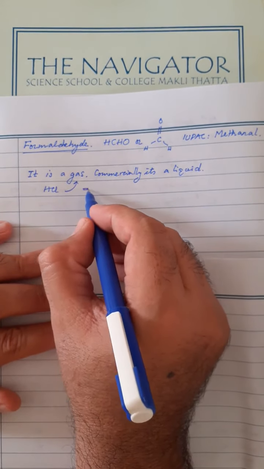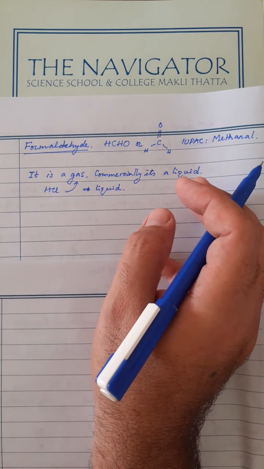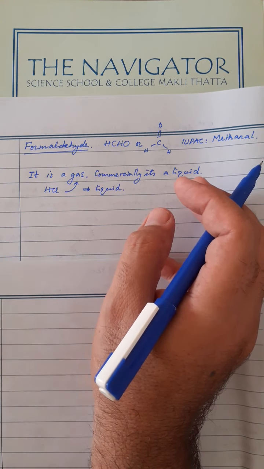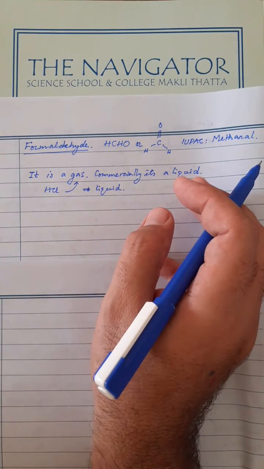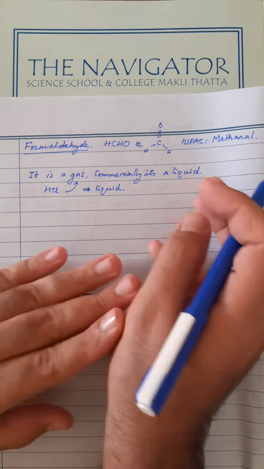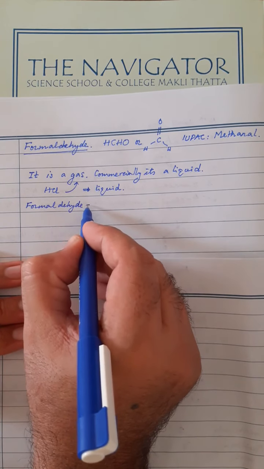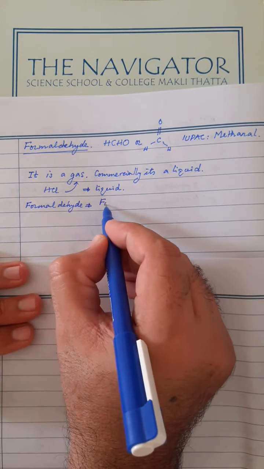Okay, but technically HCl is a gas. In the same way, formaldehyde is also a gas, but when it is prepared, the pipe goes into water, distilled water. Distilled water absorbs formaldehyde, and thus it makes a 40% aqueous solution. Now, formaldehyde, if you will go to the market to purchase formaldehyde, you are going to call it formalin.